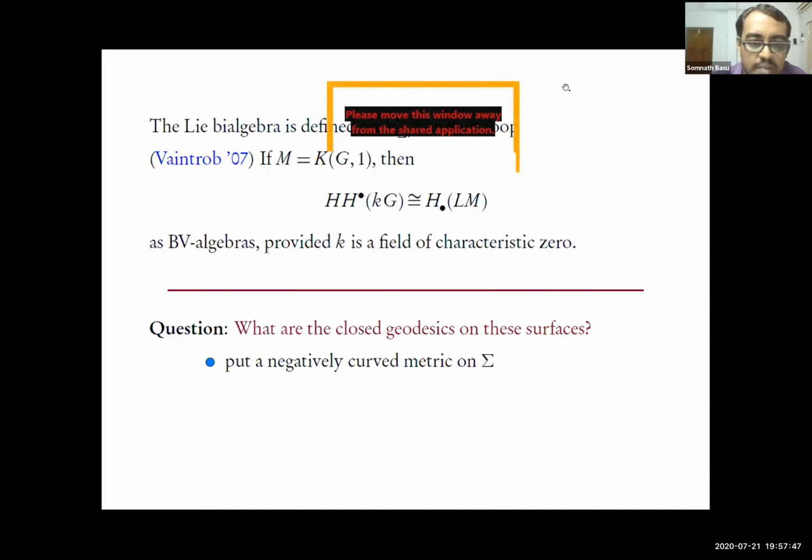But omega M is quite controlled because it is controlled by M and the homotopy groups of M, because the homotopy groups of M and omega M are the same.